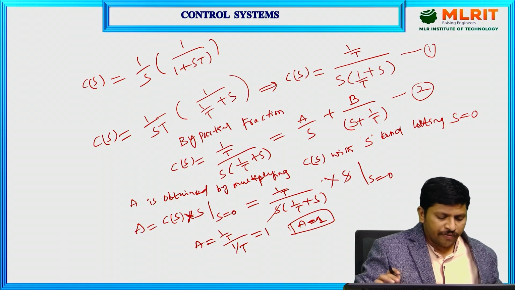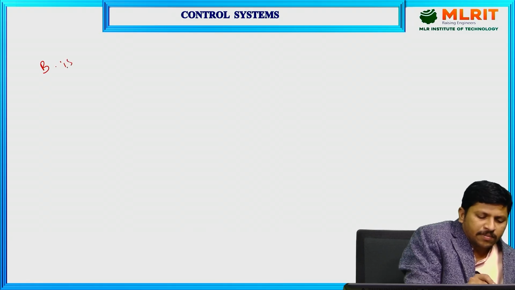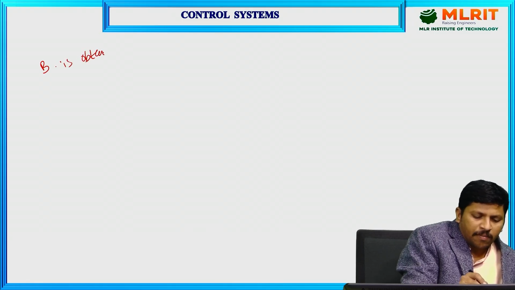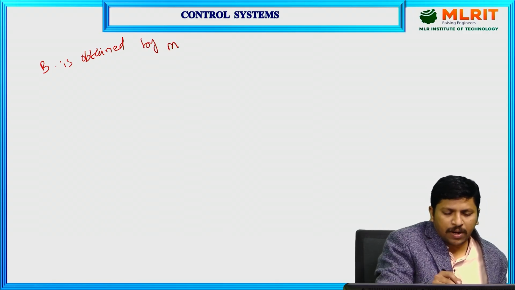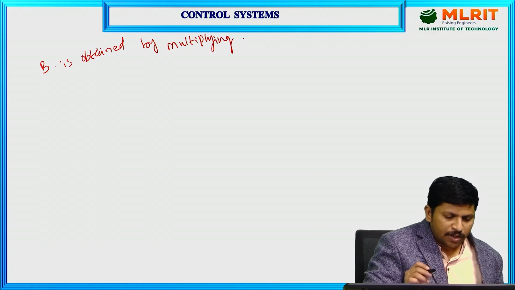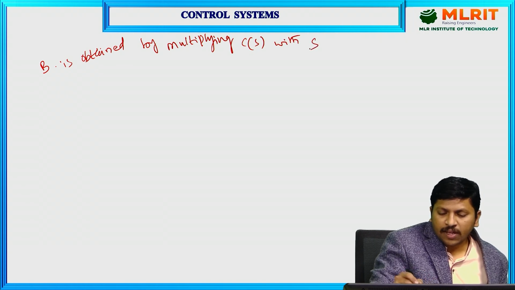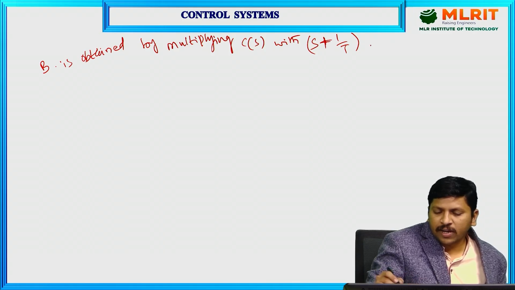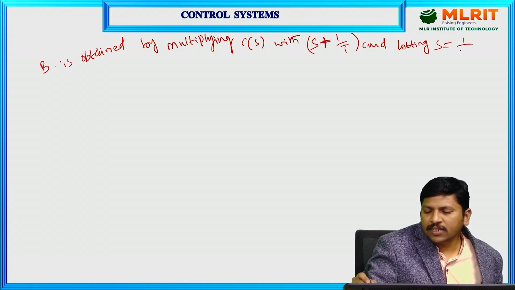For calculation of the b value, B is obtained by multiplying C of s with s plus 1 by t and letting s equals minus 1 by t.